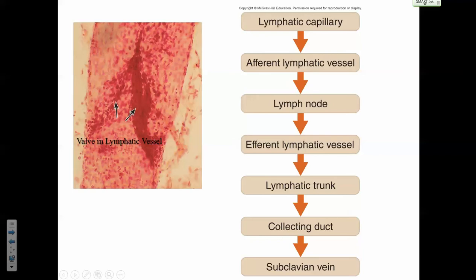I know you've not named that before, but that's a vein that empties ultimately into the superior vena cava. So it's going to make its way into the bloodstream. On the left, you can see a micrograph showing a lymph vessel, and you can see the valves in it. They're exactly like the valves in a vein, just made up of endothelial cells.